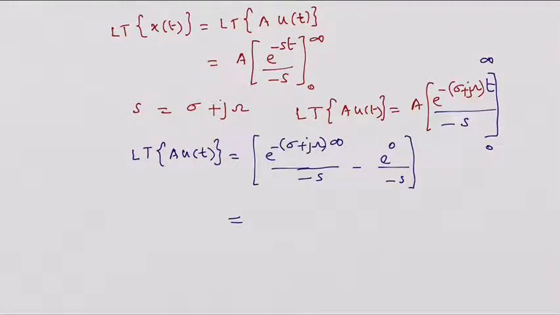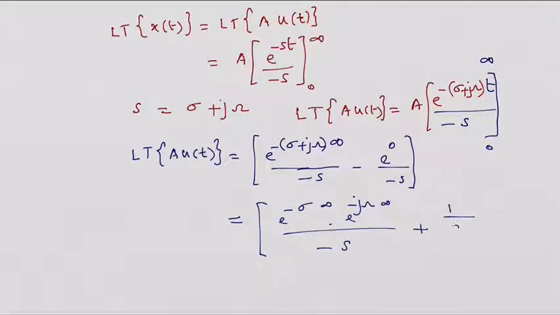Now, decomposing the real part and imaginary part of the exponents, this will become e power minus sigma into infinity into e power minus j omega into infinity. To determine the ROC, we go for this kind of calculation. E power 0 is 1, and 1 by s. So this is the result we have obtained for the Laplace transform of the signal a into u of t.